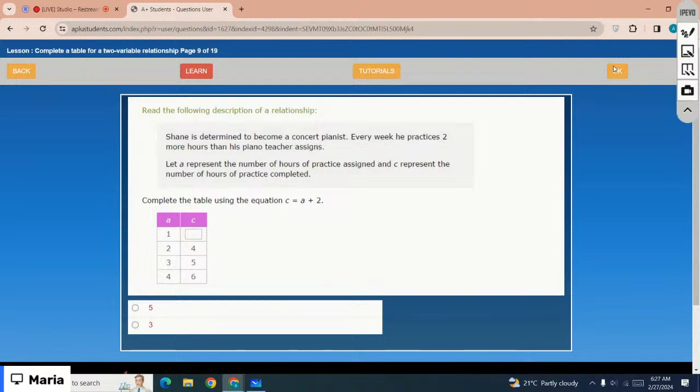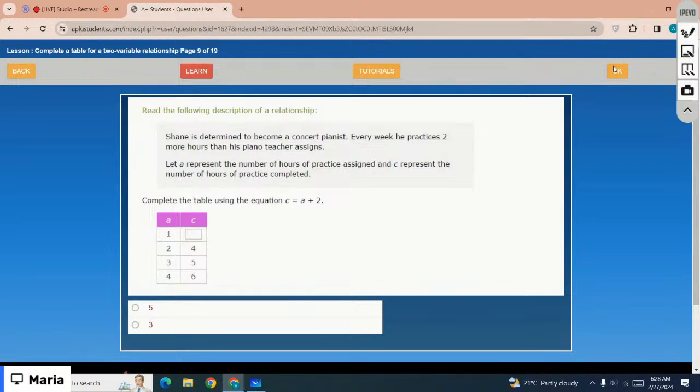So, which is the correct option? The correct option is 2 plus 1 equals 3.